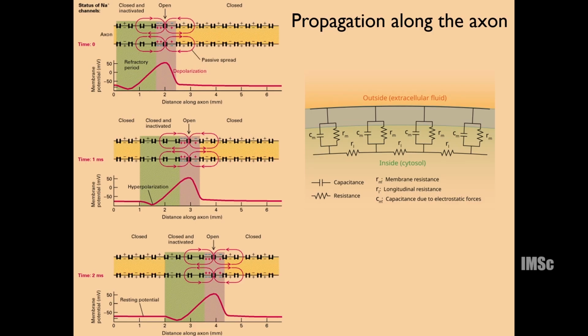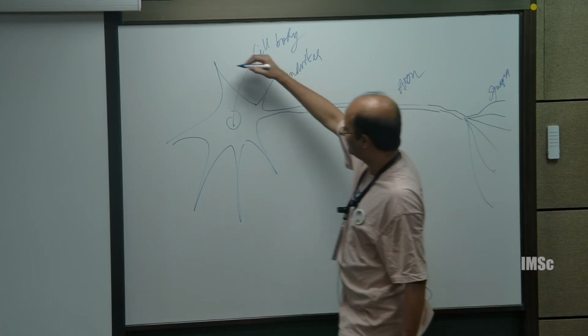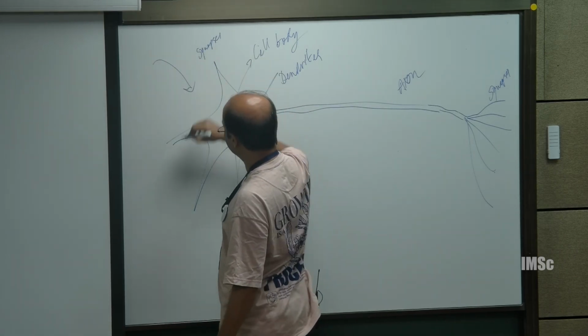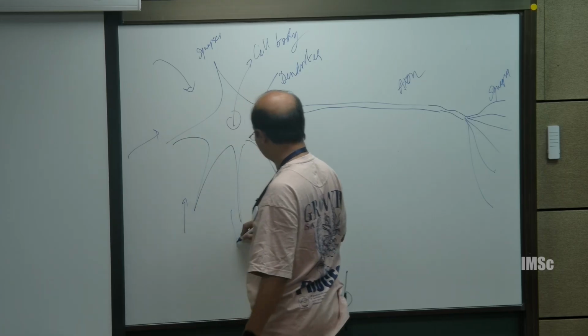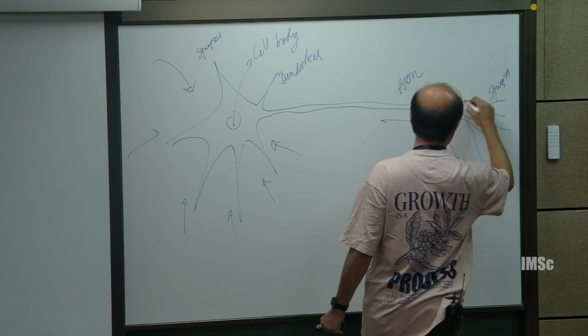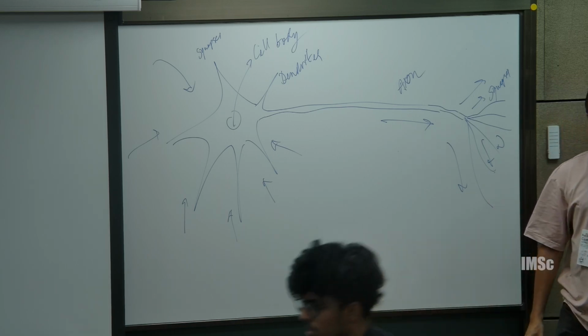So this is your cell body, okay, these are dendrites, and this is the axon, and then here it forms the synapses with the postsynaptic neuron, and here it forms synapses with the presynaptic neurons, right. So the idea is like you have inputs or signals coming in here, and then the outputs are going like this, right. So that's the classic neuron.